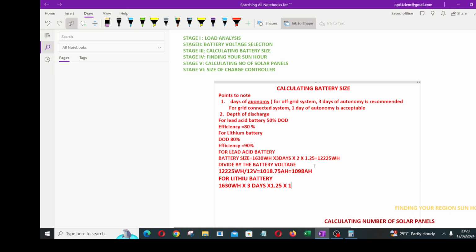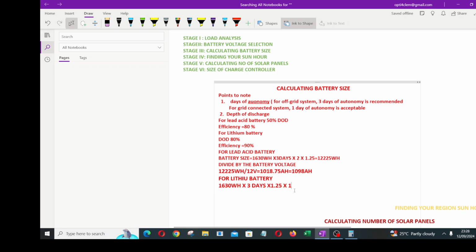1. So now you discover that the 2 that we used to multiply the previous one was because the depth of discharge of that one is 50%, while this one is almost 100% discharge. We assume that we are discharging it totally, so it has to charge from the beginning. That is why we are multiplying by 1. 1 represents 100%.